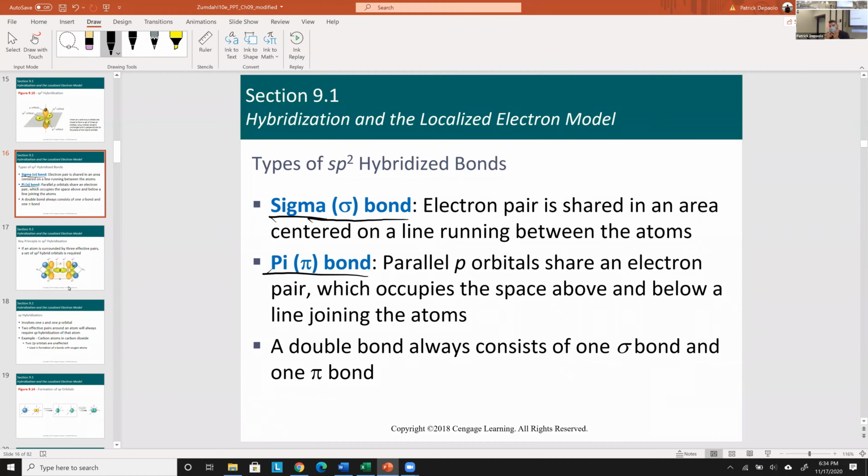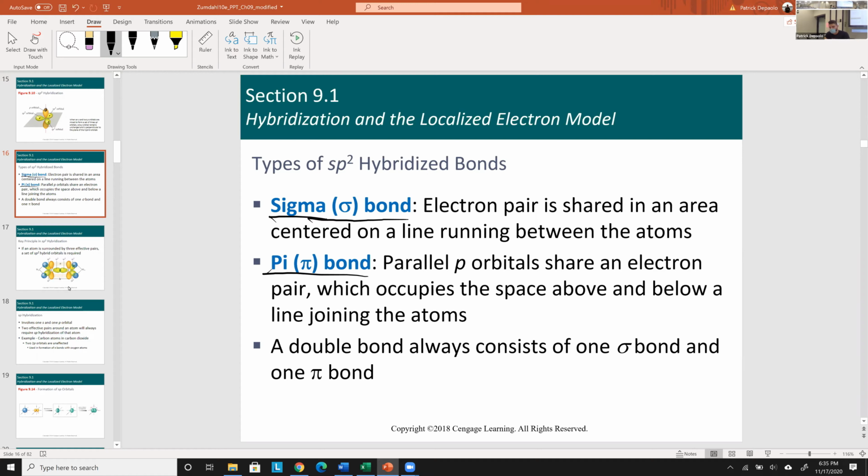Is it really? Well, the electrons can move a lot, you know that. So most of the time it's kind of in the middle, and that's a sigma bond. The pi bond is the p orbital electrons that are taking the place of the double bond or the triple bond. So double bonds always consist of 1 sigma bond and 1 pi bond.